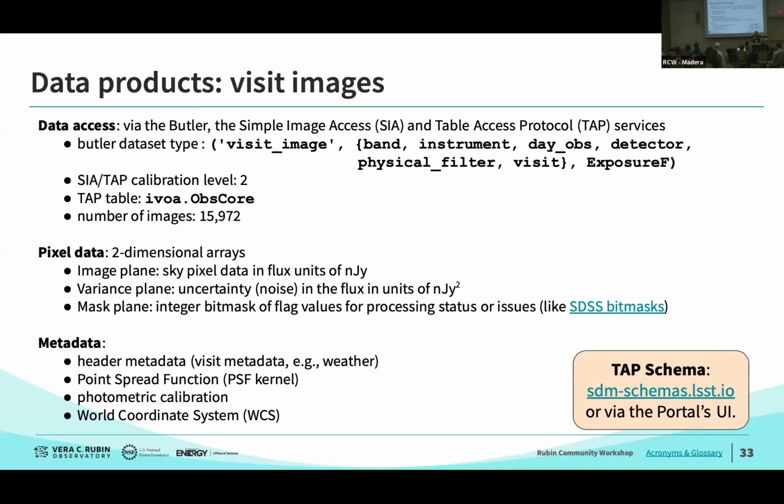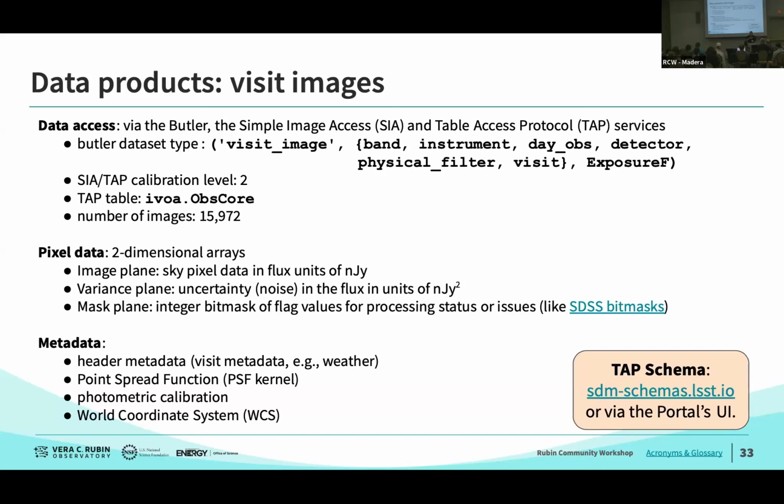Some of the information that you will need to retrieve these images are references like the visit number, the day of the observation, or a specific detector. But once you go to the Butler, you can see what is the least amount of information that you actually need to get an image. For each visit image, you get both pixel data and metadata.